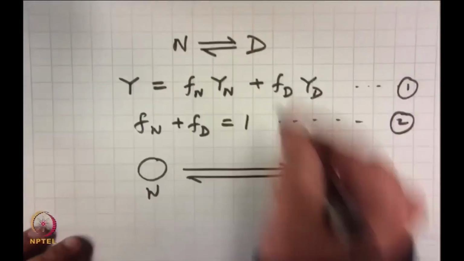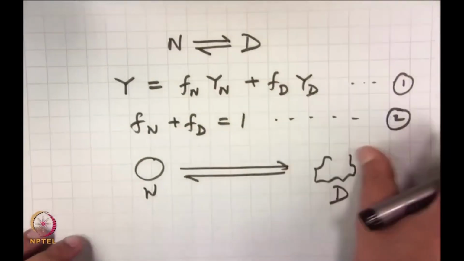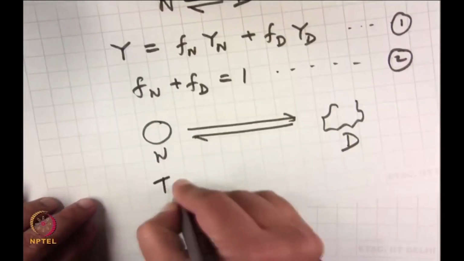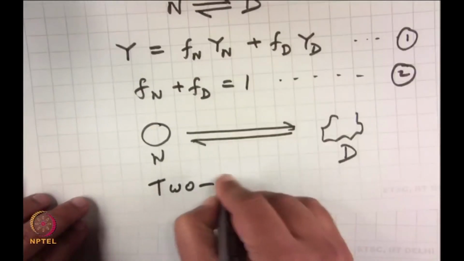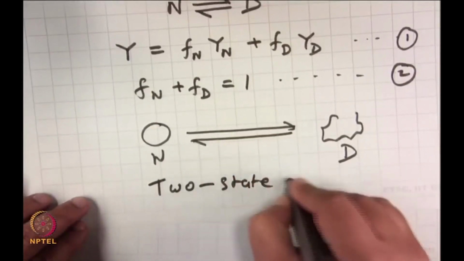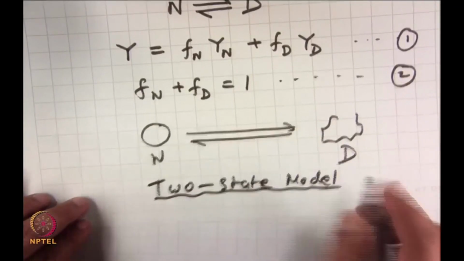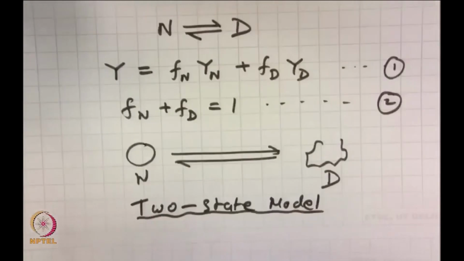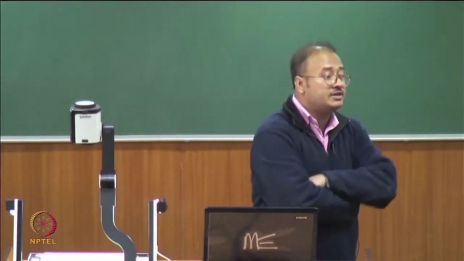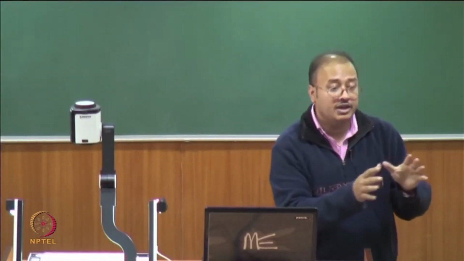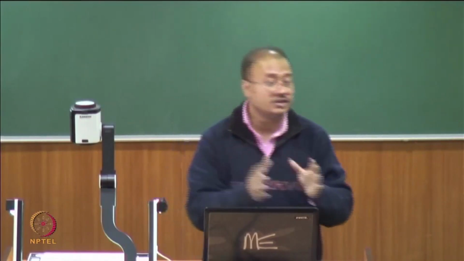So, this n to d is often referred to as a 2 state model. Again, please try to understand the relevance of this. By 2 states, I mean that I have a native state and a denatured state, nothing in between.